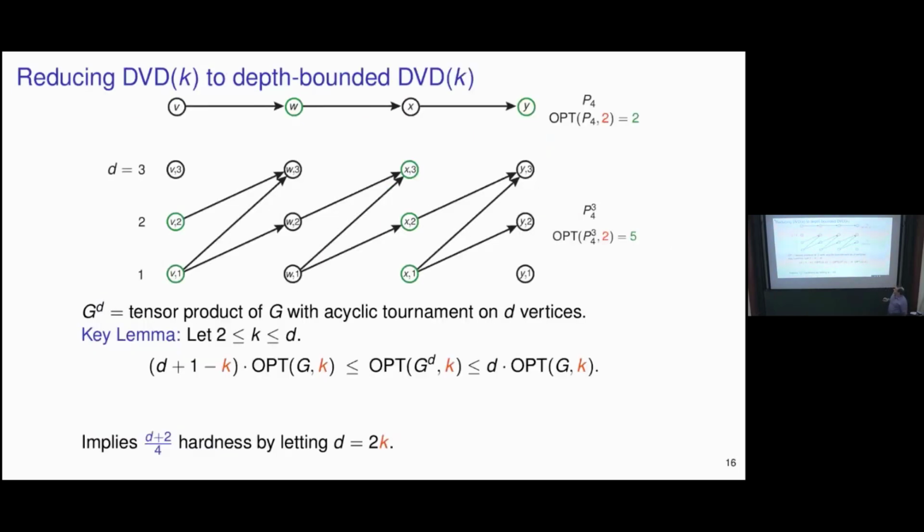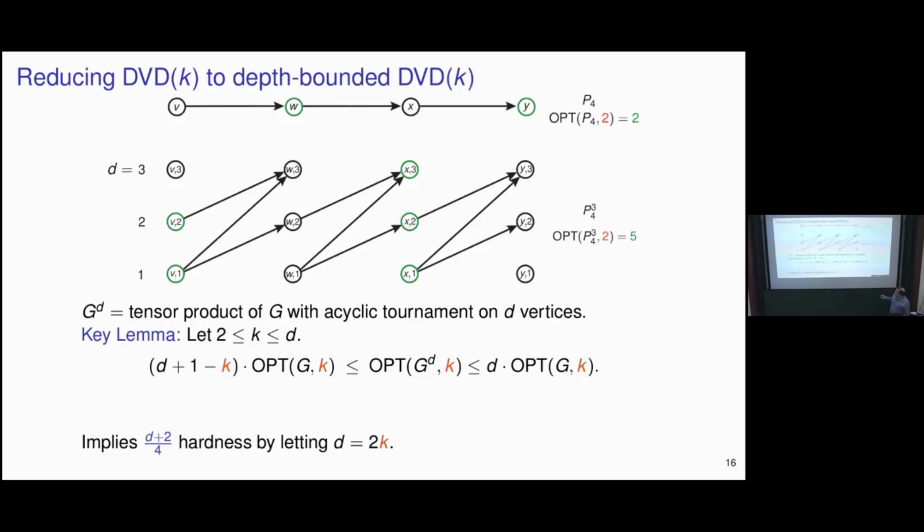So for an input graph, we take the tensor product of that graph with the acyclic tournament on d vertices. An example here: the input graph would be just a path, and then the resulting tensor product would be this graph.